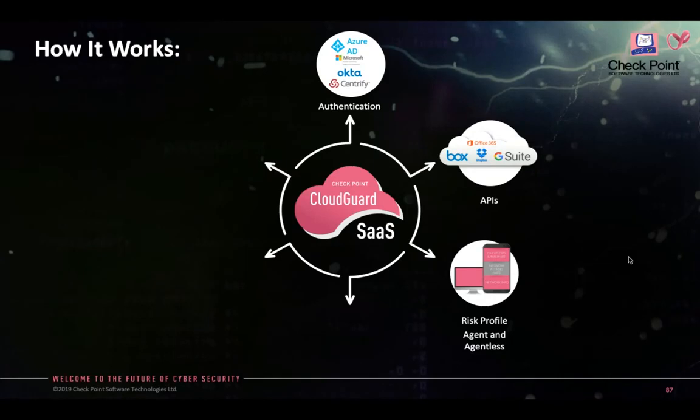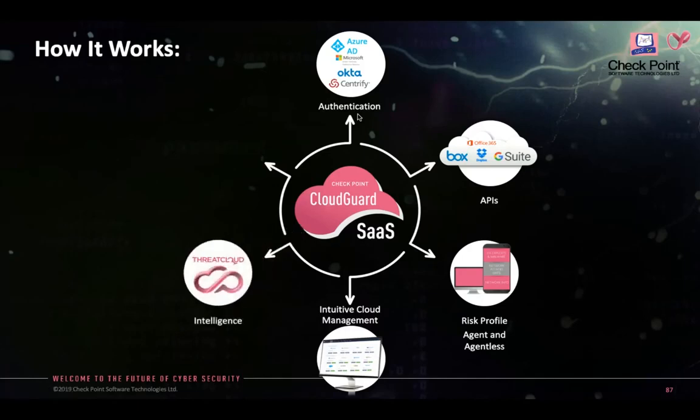And to provide protection against account takeovers, CloudGuard SaaS provides identity protection, or you could say it integrates with various identity providers such as Okta, Microsoft AD, Azure AD, Centrify, etc. The sole purpose of integrating with all these identity providers is to give you identity protection, right?